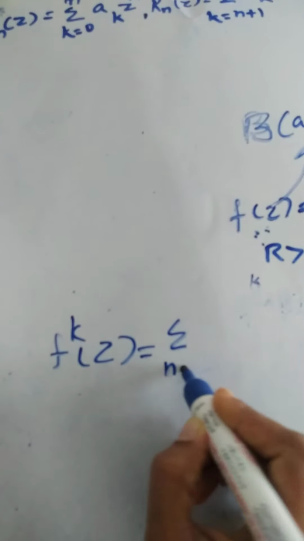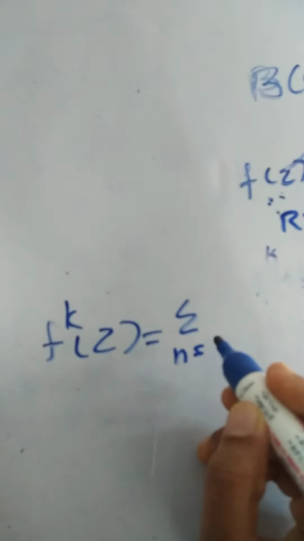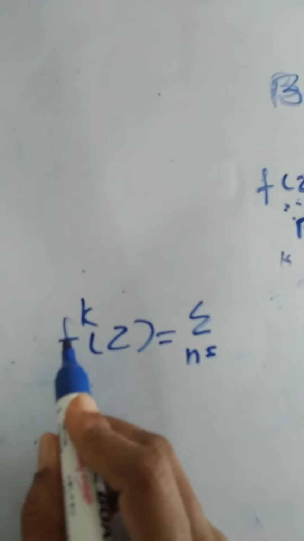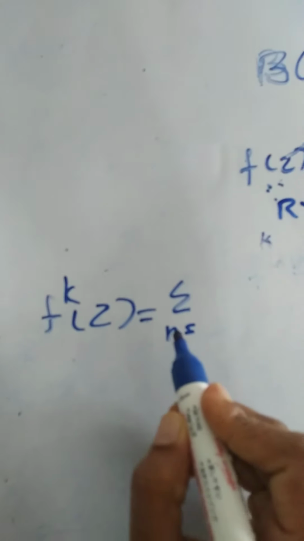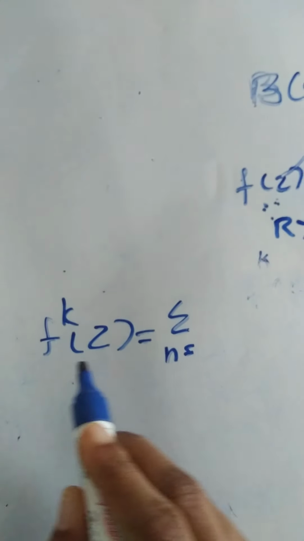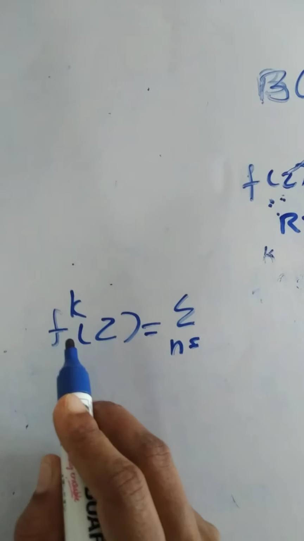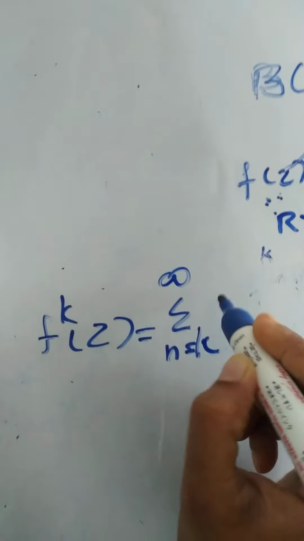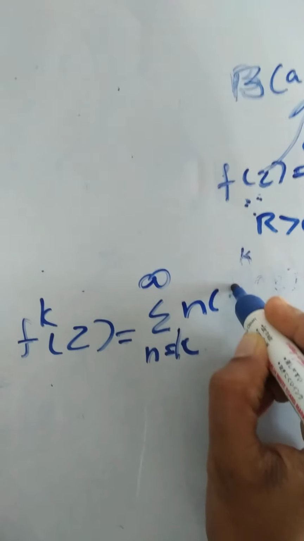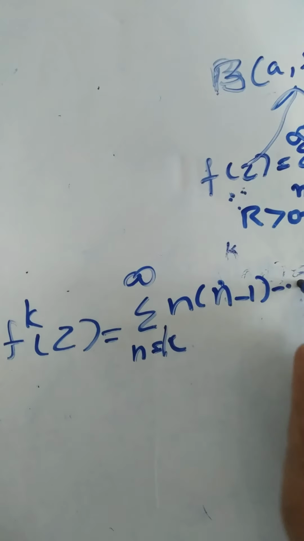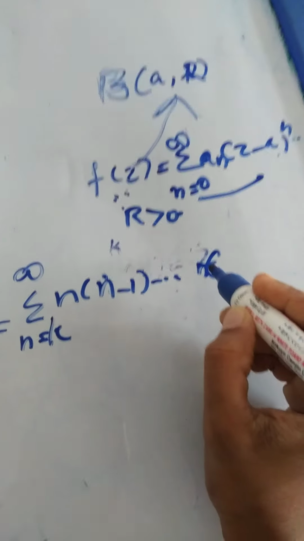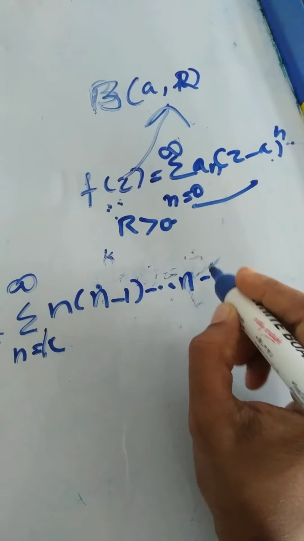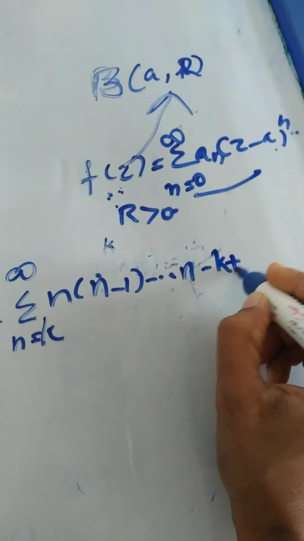The summation n equal to... you know that f dash of z, the summation is from n equal to 1 to infinity. So in the case of the kth derivative of f of z, the summation begins from k to infinity, n into n minus 1 into etc. into n minus k plus 1.